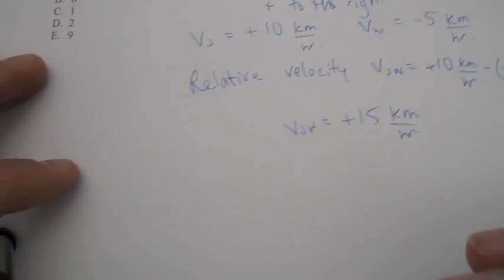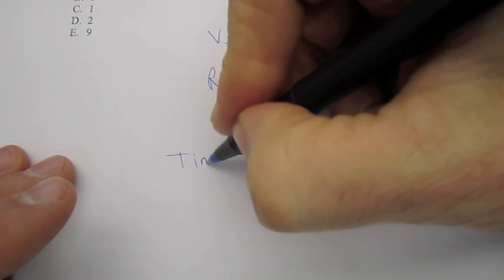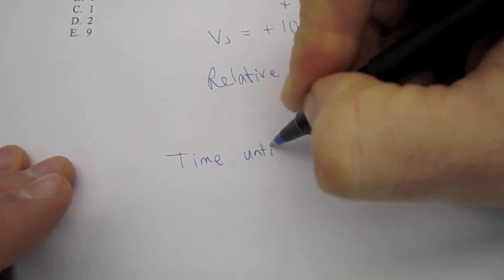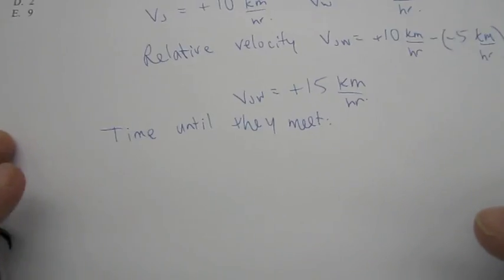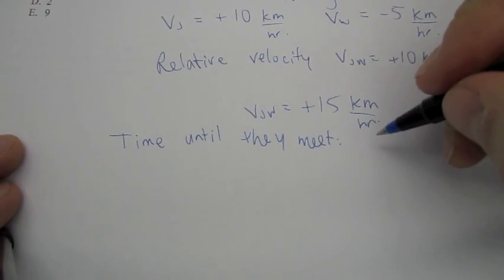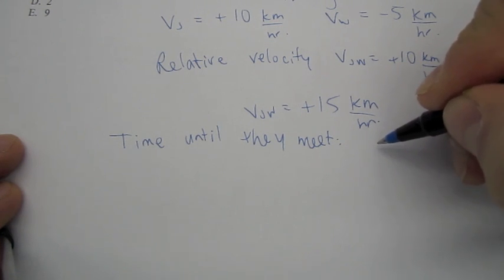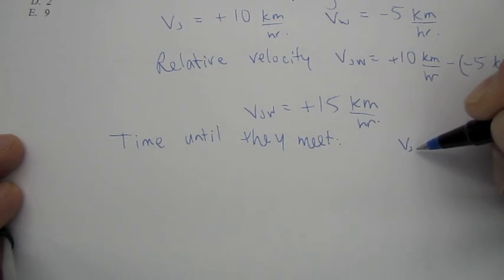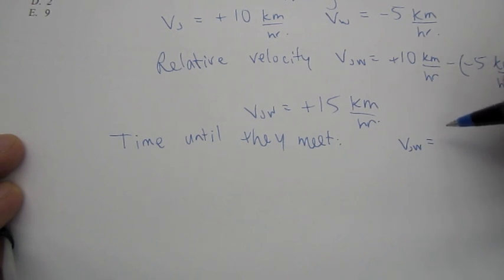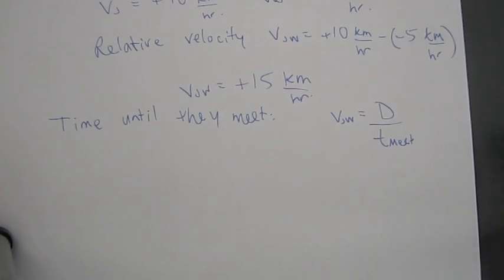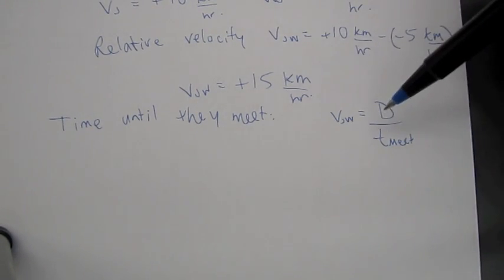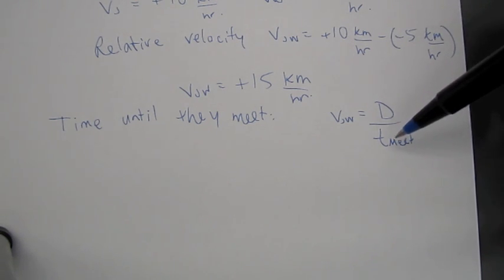And you're asked for the time until they meet. Actually, you're asked for how far the bird flew in that time, but the time until they meet will be, we know that v of the jogger relative to the walker is equal to the distance between them divided by the time for meeting, because they're originally at a distance d, and that's true in either frame, relative to the walker or relative to the jogger, and this is the time that they meet.